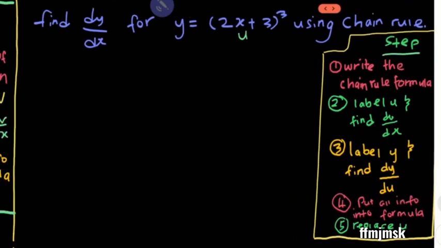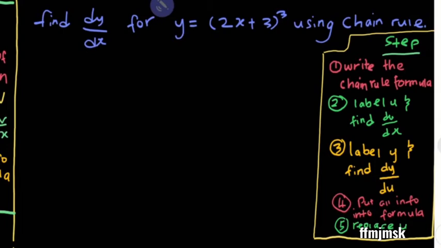Alright, we move into the next example. Find dy over dx for y equal to 2x plus 3 power of 3 using the chain rule. For this question the technique is already given, so you don't have to identify which technique you will use. All you have to do is write the chain rule formula first.